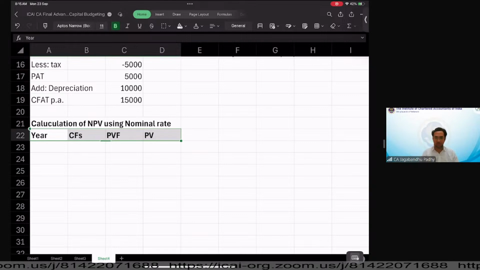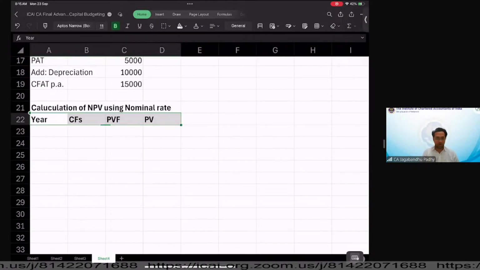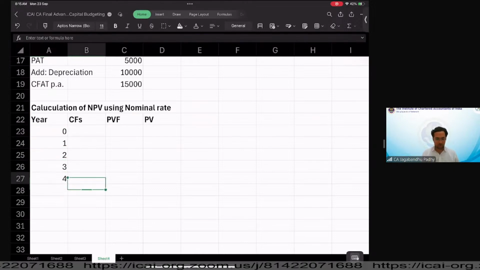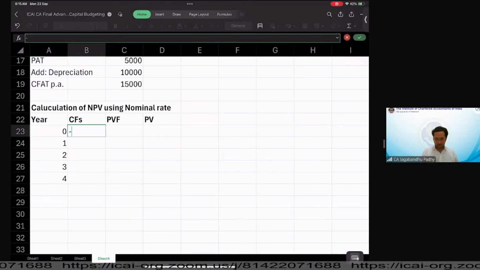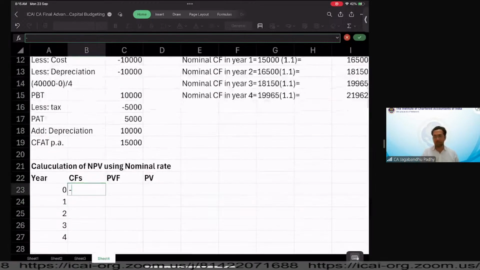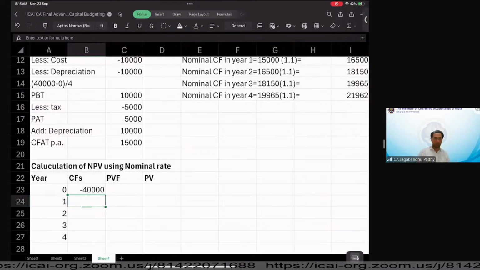Yes, ask the question. Till that time, I'll just go forward and calculate the NPV. So here 0, 1, 2, 3, 4. In the initial year, we are making an investment of 40,000, right?